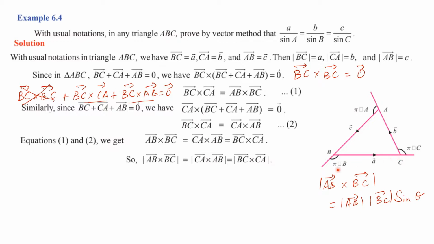The angle between AB and BC is pi minus B, and the vector AB magnitude is equal to c, and the magnitude of vector BC is equal to a. So you can write this is equal to c a sine pi minus B, and sine pi minus B we know is equal to sine B. So that is equal to ca sine B. Okay.